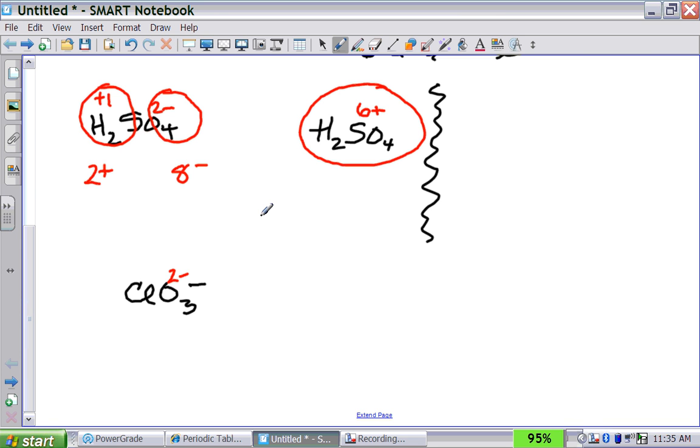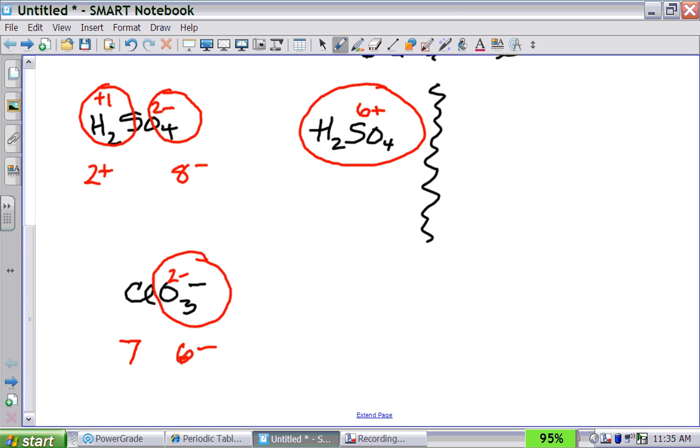So what we're going to do here is multiply out charge times the number of atoms, and we get a 6- charge here. And we know that in this case, the chlorate ion has a -1 charge. So whatever the chlorine is going to be, it must leave us with a -1 charge.